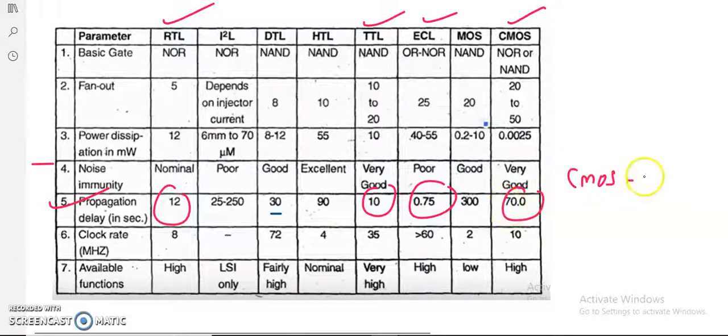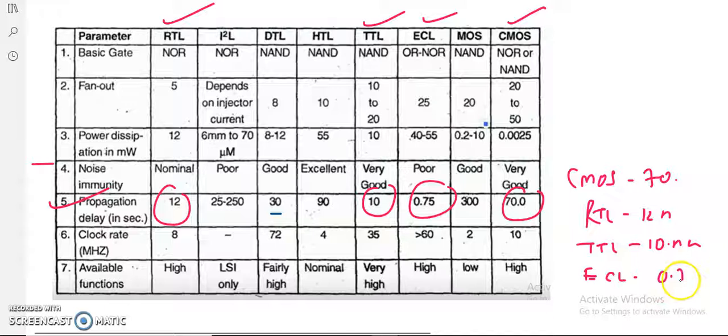That is 70 nanoseconds. Next is RTL, 12 nanoseconds. After the RTL, next is the TTL, 10 nanoseconds. And the last one, with the least propagation delay, is the ECL, 0.75 nanoseconds.